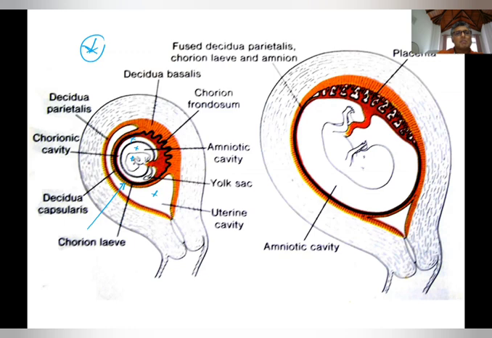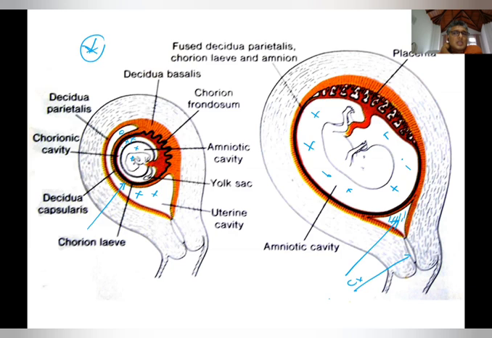With further development, the uterine cavity disappears along with the chorionic cavity because of the pressure inside. So ultimately, the whole uterus is filled with the amniotic cavity and the baby. Only in one place there can be a little bit of uterine cavity left above the cervix. This is the cervix.